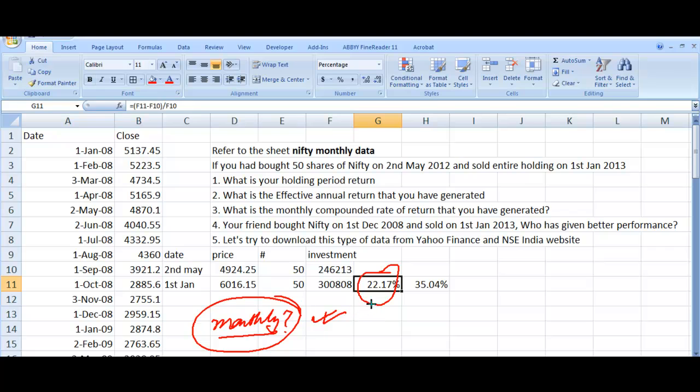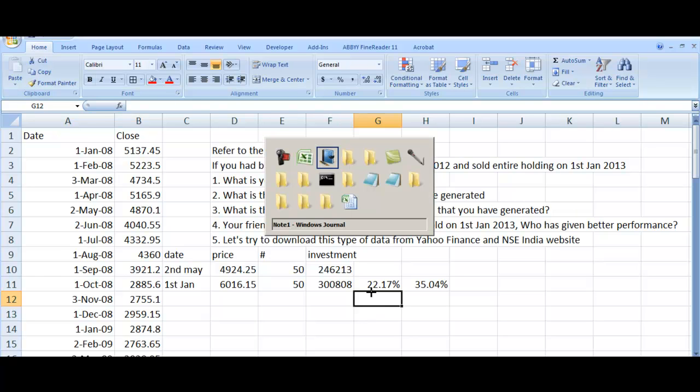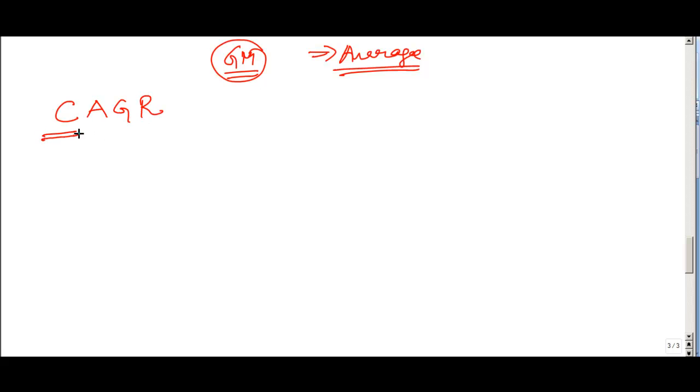Now this is very simple if you understand the concept. We computed the geometric mean earlier, which was trying to get the average. We have a similar concept to geometric mean, called CAGR, compounded annual growth rate.